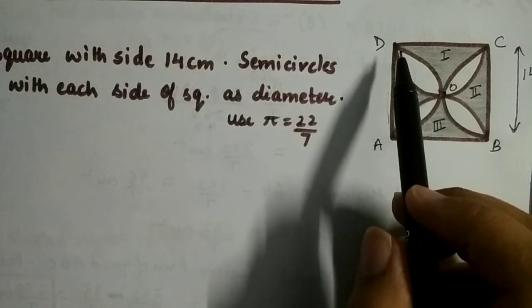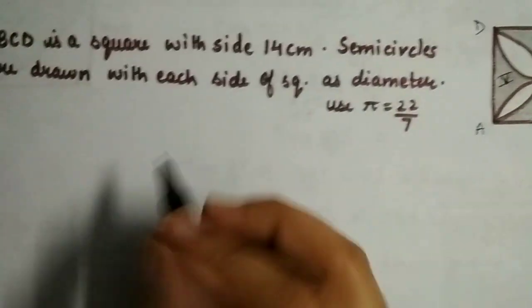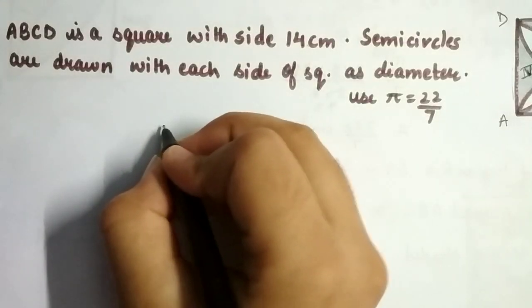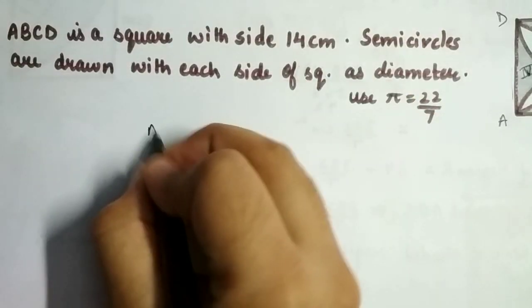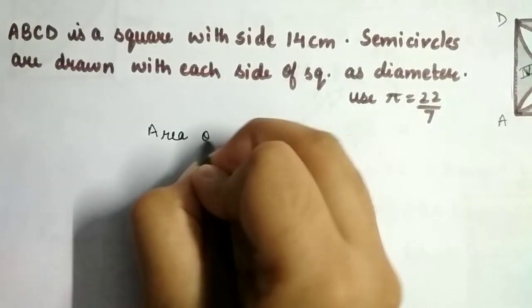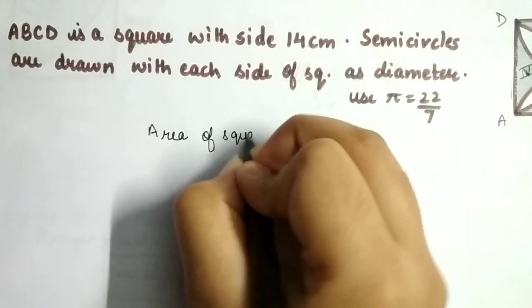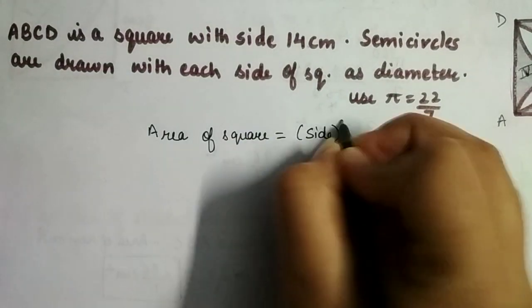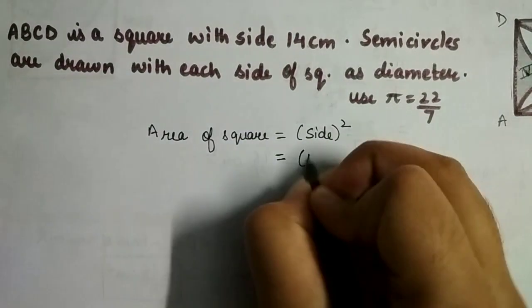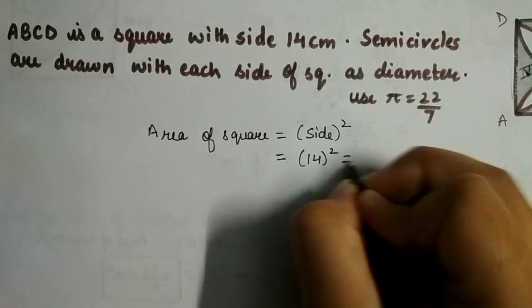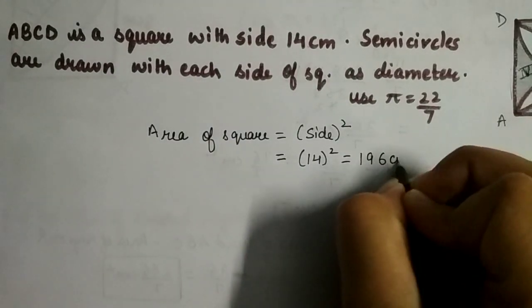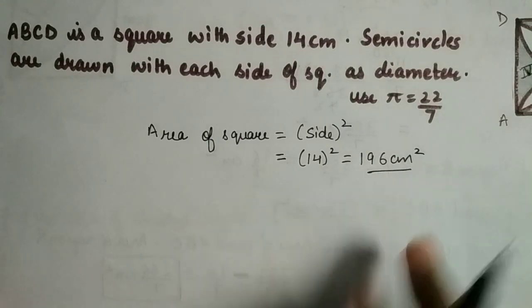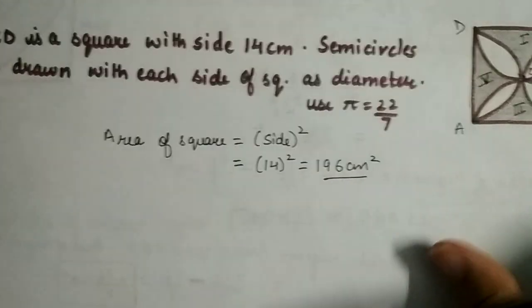First of all, let us find the area of the square. Side is given to be 14 cm. So area of square is the square of side, that is the square of 14, that is 196 cm square, the area of the square ABCD.